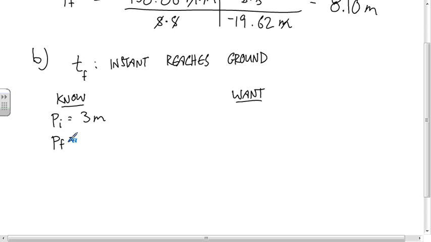It's 0, yep. V initial is still positive 10 meters per second. Our V final is what we're trying to find. Our acceleration is still negative 9.81. And we don't know time final.